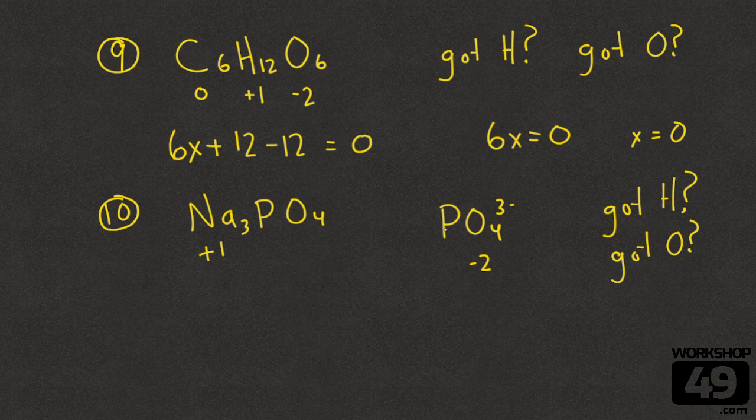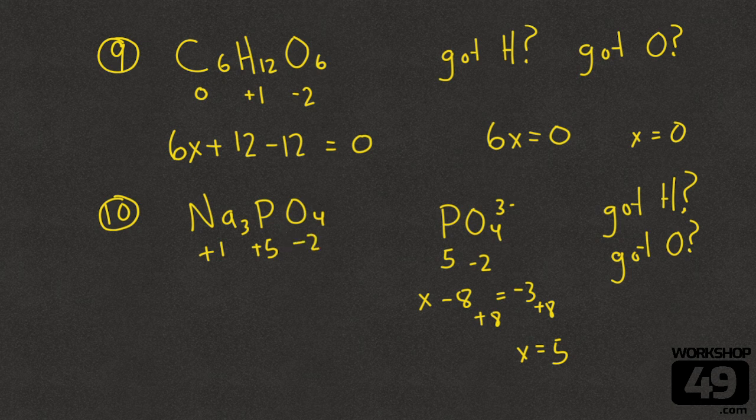So our phosphorus, which is an X, we have 4 -2 oxygens, so that's -8. It's going to equal -3. We add 8 to both sides, and it leaves us with an X equal to 5, which is the oxidation number of our phosphorus. So we can go back and fill these in, +5, -2.